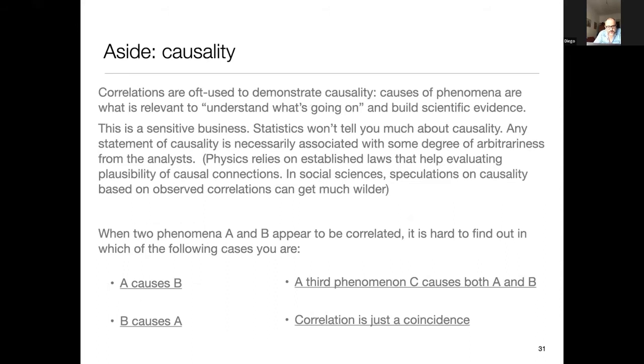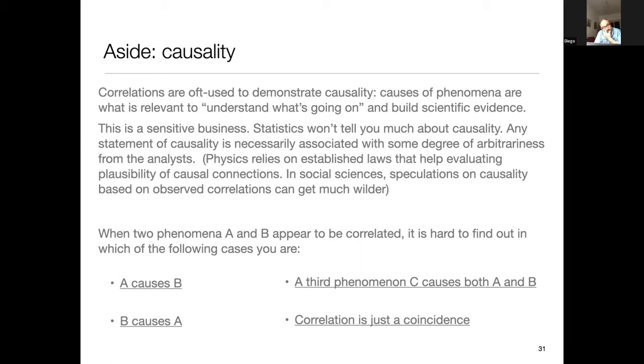Another important point is that sometimes correlation is used to demonstrate or infer causality. And of course, in physics and flavour physics, we are interested in the causes of the phenomena, because those are what is relevant to understand what's going on and build scientific evidence for the problem we are studying.